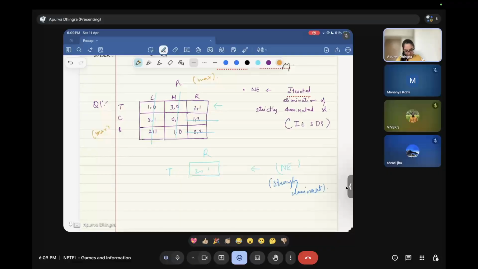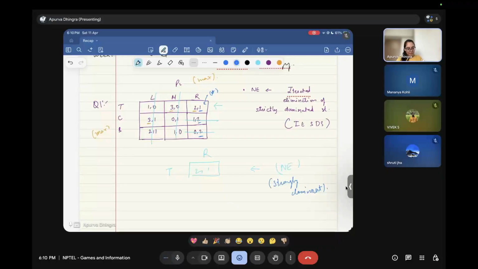If we look at player 1, keeping player 2's strategy fixed as L, then player 1 would prefer playing C. If we fix player 2's strategy as M, player 1 would prefer playing T, and for the last one again, it would prefer playing T. On the other hand, for player 2, for each of them, he would prefer playing R. That also leads us to the same answer, that this is the Nash equilibrium.